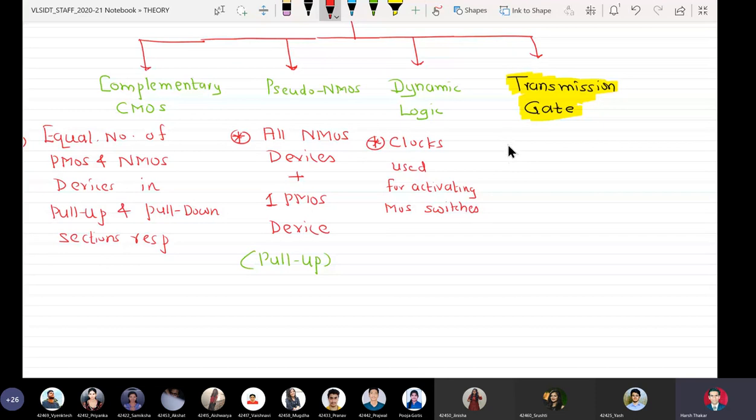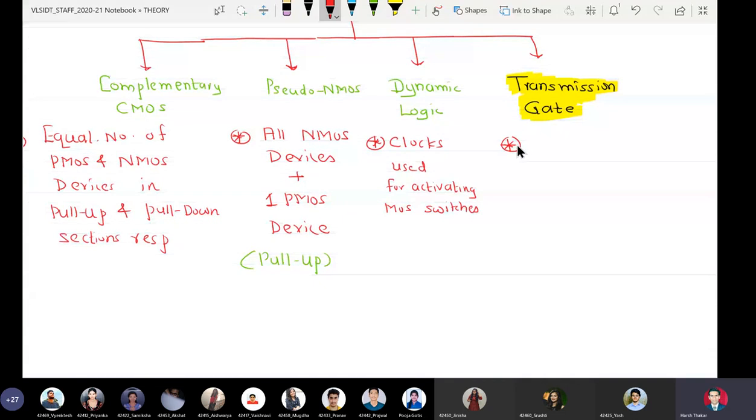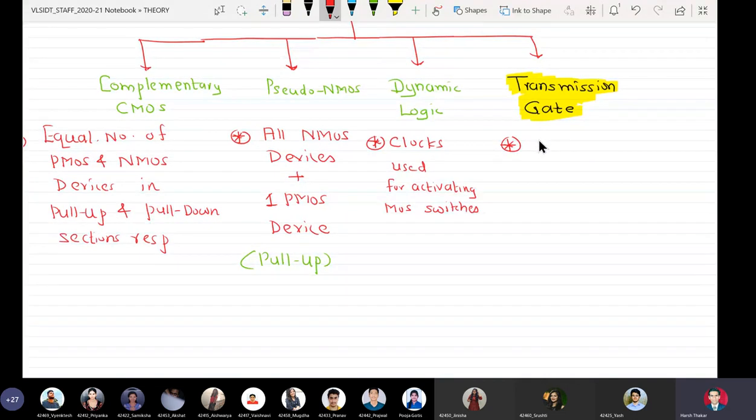And transmission gate is a very interesting family, which actually scores over CMOS logic family because it reduces the transistor count. So transmission gate uses transmission gates, TG, and understand TG is nothing but PMOS in parallel with NMOS.